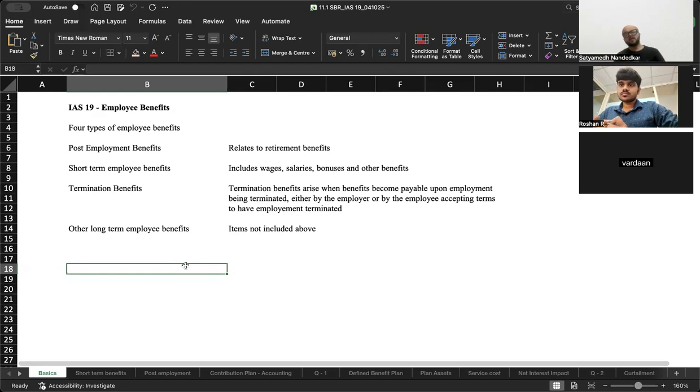Sometimes, employees are given a voluntary retirement scheme, or they are made redundant. So they are let go, they are asked to go from the organization. That is termination benefit. Short-term benefits are your usual salaries and wages and bonuses. And then, of course, there are other long-term employee benefits.